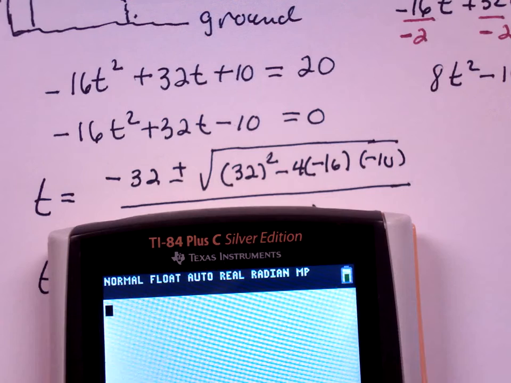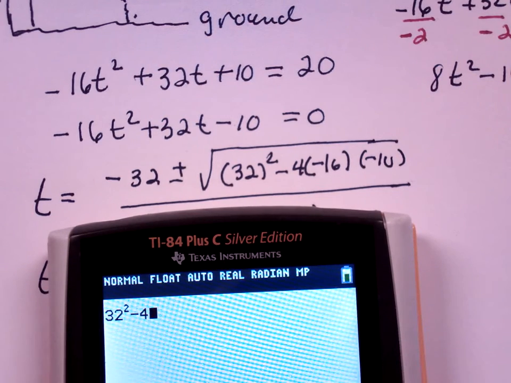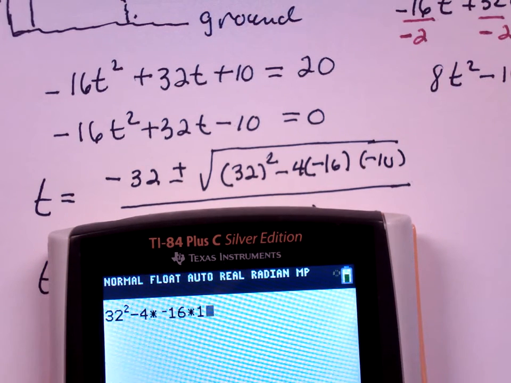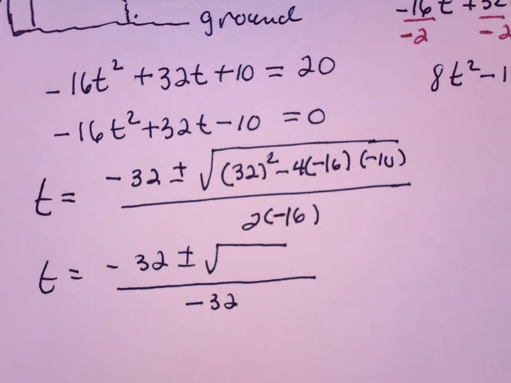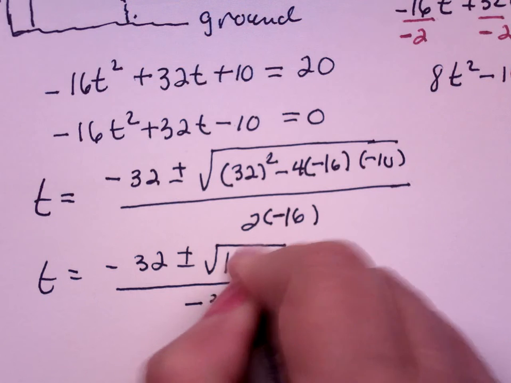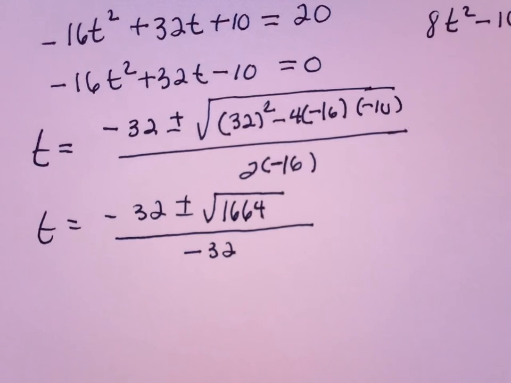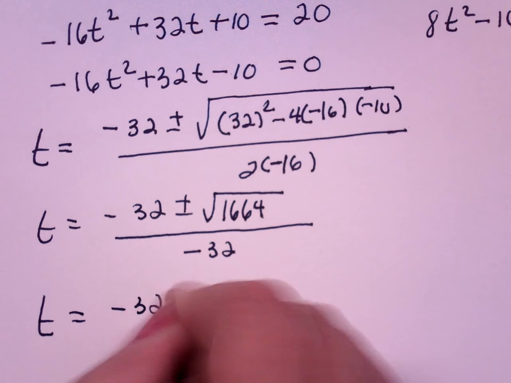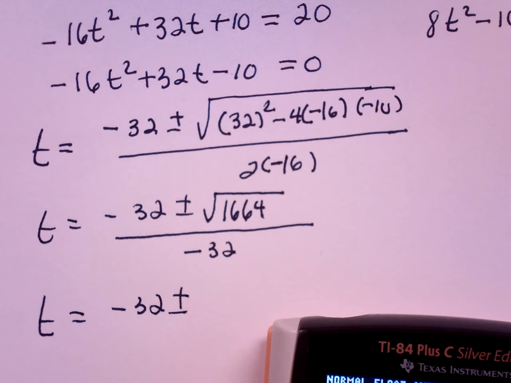So now I'm going to take my handy-dandy little calculator: 32 squared minus 4 times a times c, 1664. So that t is minus 32 plus or minus the square root of 1664.